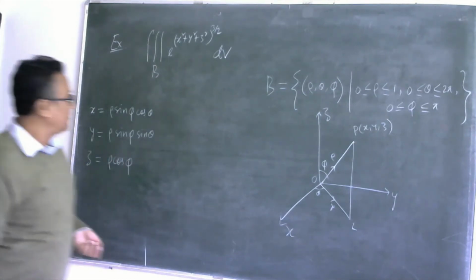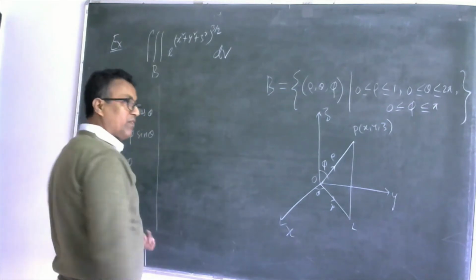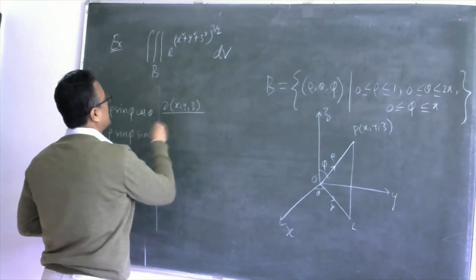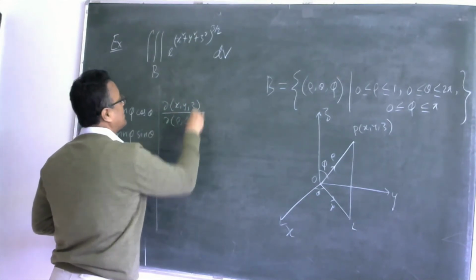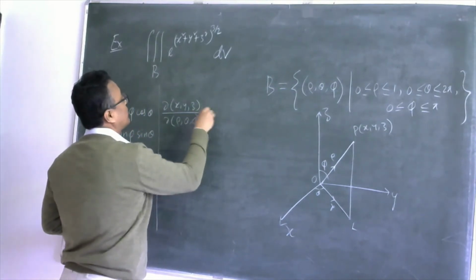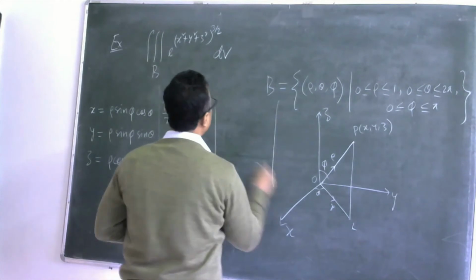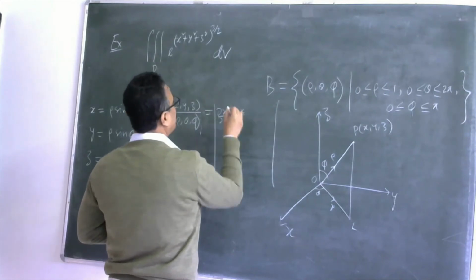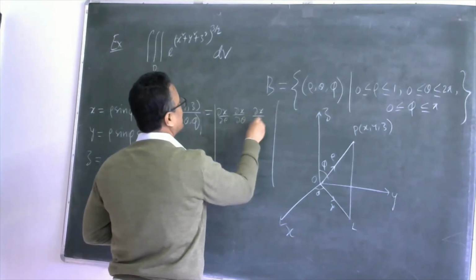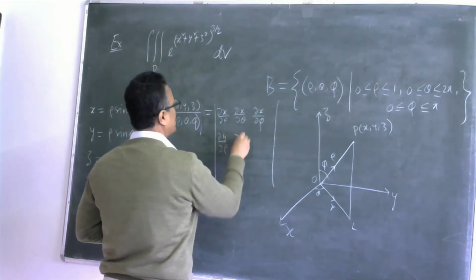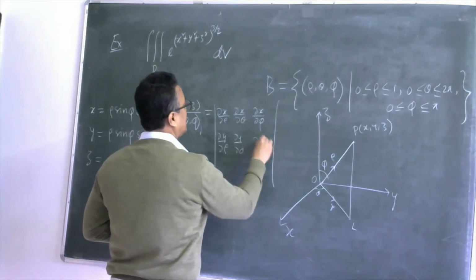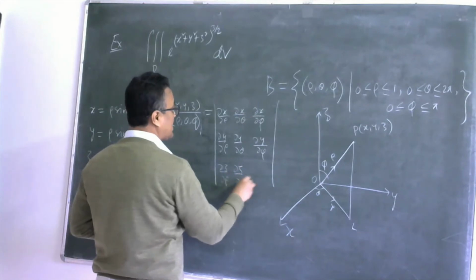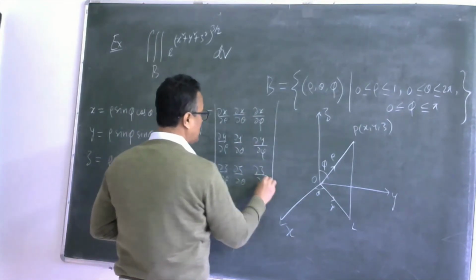Now if I want to find the Jacobian of the transformation of xyz with respect to rho theta phi, this is simply the determinant: del x del rho, del x del theta, del x del phi, similarly del y del rho, del y del theta, del y del phi, and del z del rho, del z del theta, del z del phi.